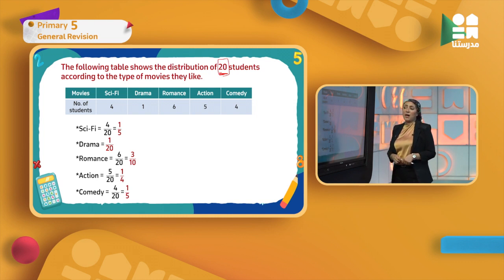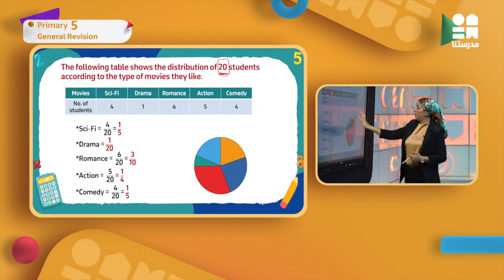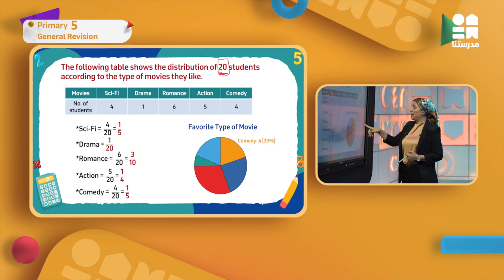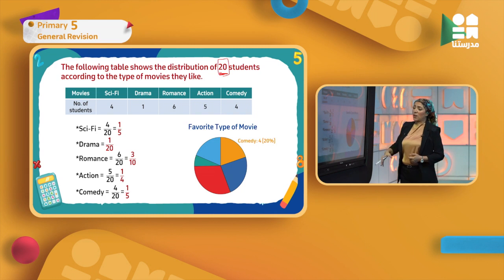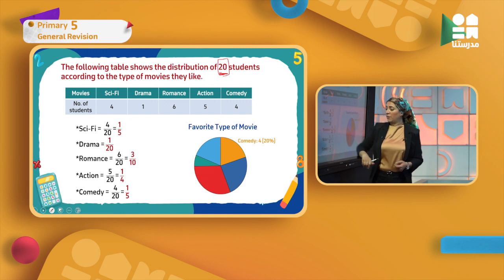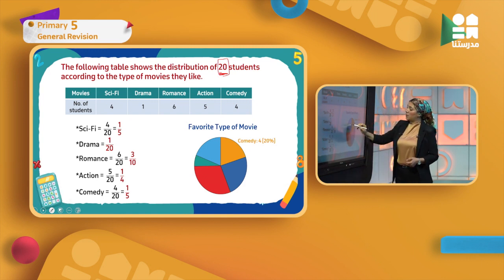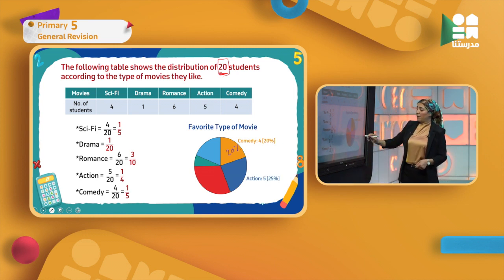Okay, now I have got the fraction for every one of them. Now I want to put them on a pie chart, as we see here. Favorite type of movie: comedy is 20% here, this is 20. Comedy goes for 20%, and then action 25%.